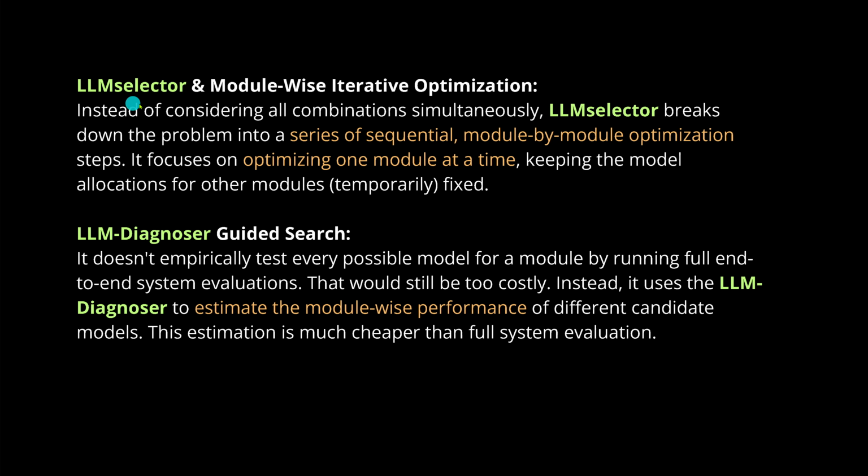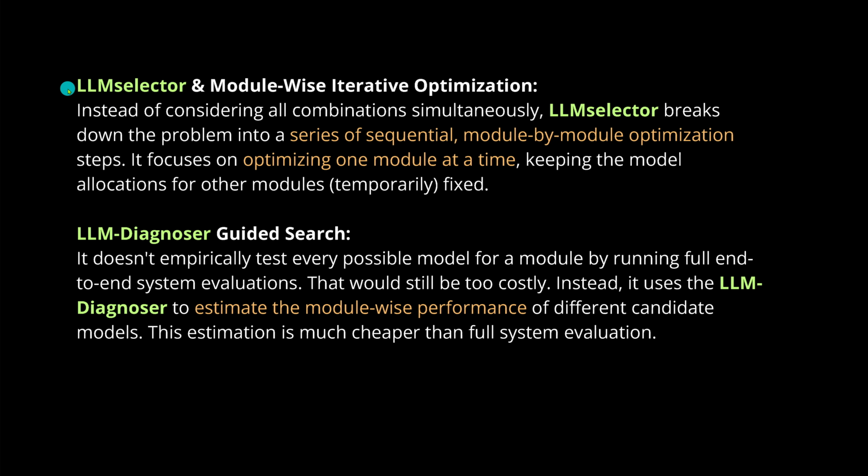So we have our LLM Selector, and what it does is a model-wise iterative optimization. So instead of considering all possible combinations simultaneously, our selector breaks down the problem into a series of sequential, module by module optimization steps. This depends on the quality of the LLM you use for the selector.